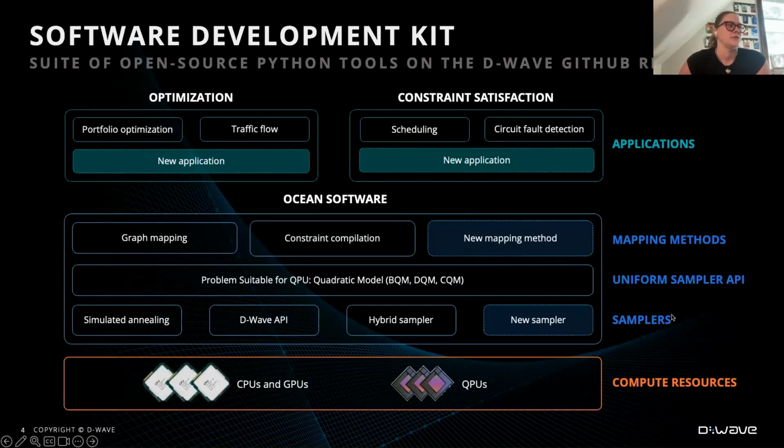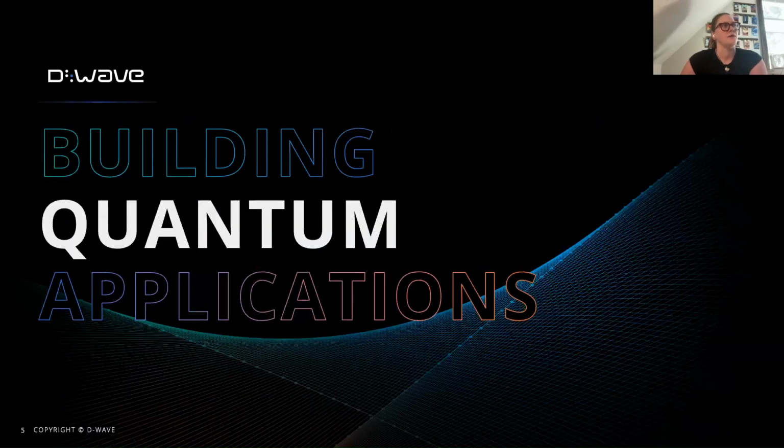And so we consider all of those things as we build software to help folks build their applications. The focus of today is building an application for D-Wave's technology. So we're going to go ahead and set the scene with a specific example.